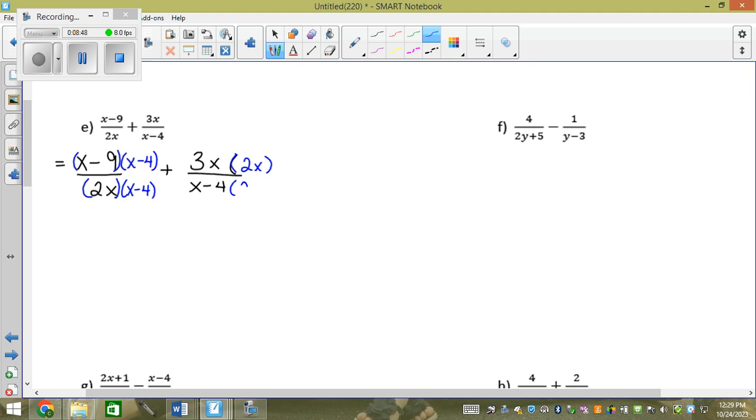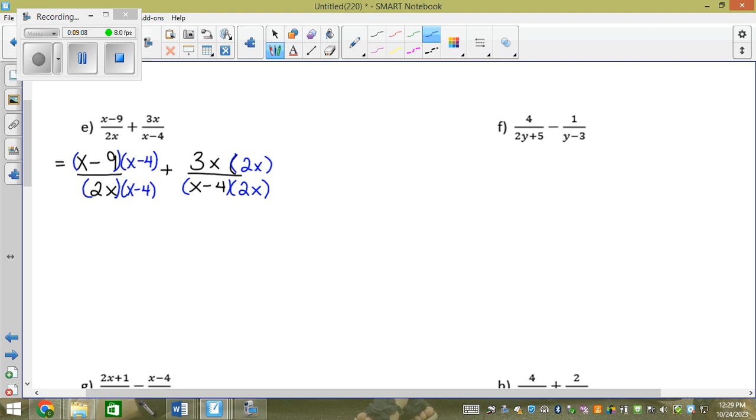Now guys, is it helpful to put the denominators together? If I put those denominators together, does it make it more simple or more complex? It would make it more complex, wouldn't it?